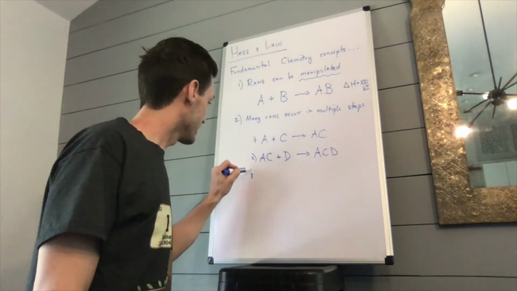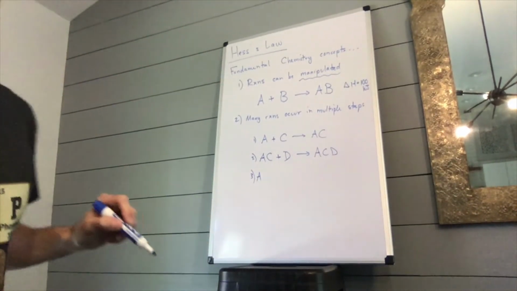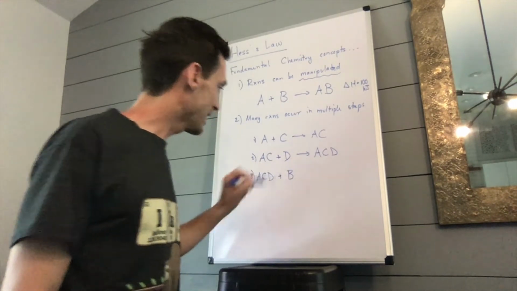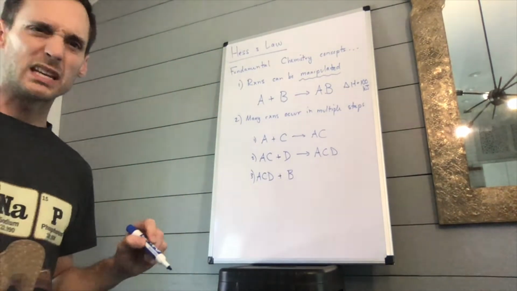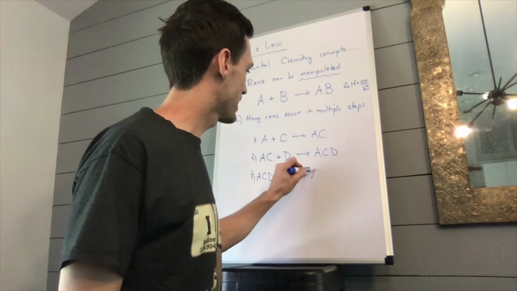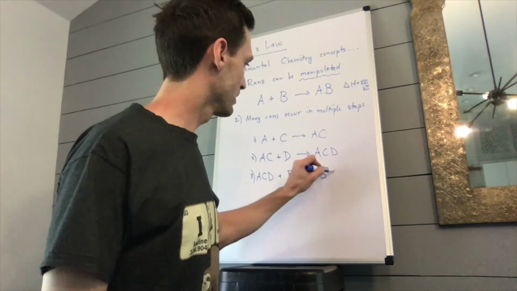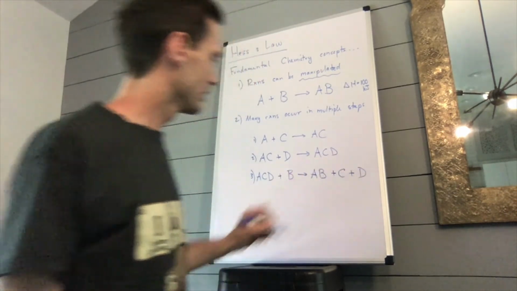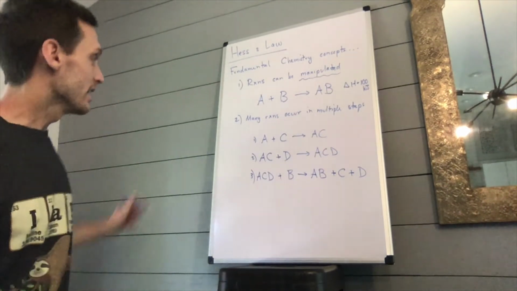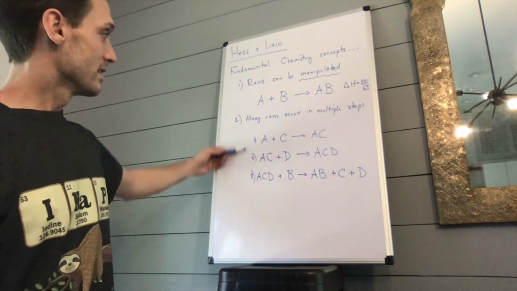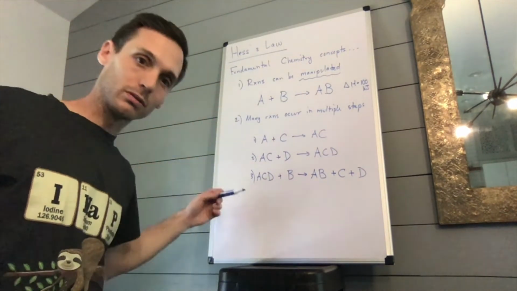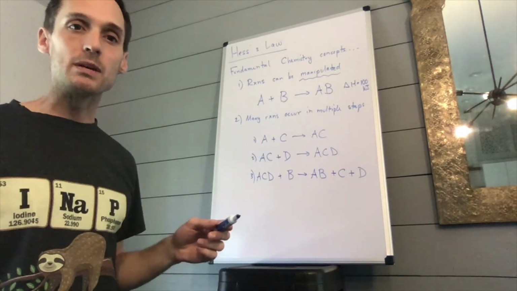And then finally, we have our ACD then reacting with our B. Let's just say B kicks off C and D from that compound and replaces it. And we finally get our product AB. Okay? Here are 3 steps that this seemingly simple reaction had to go through just to create its AB product.